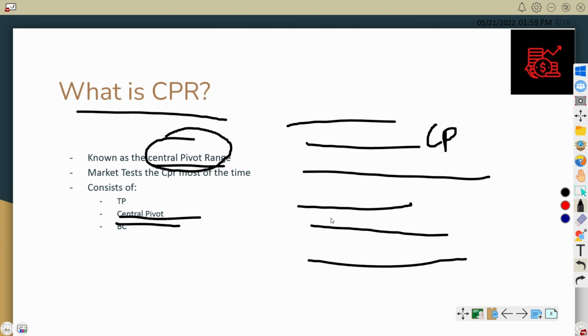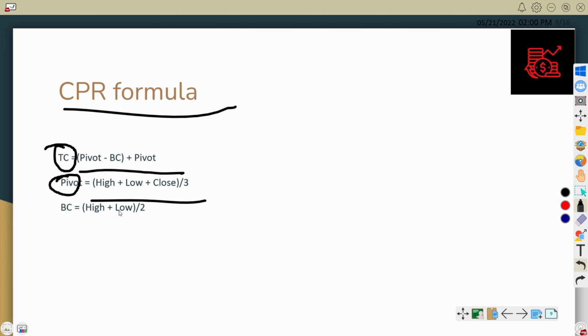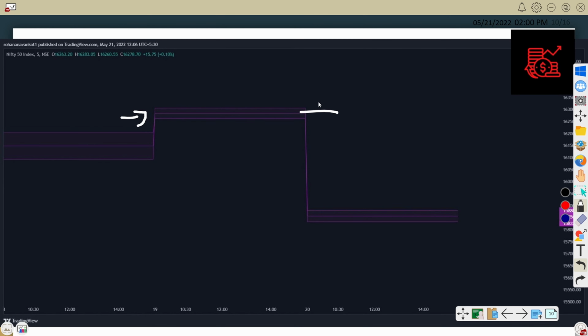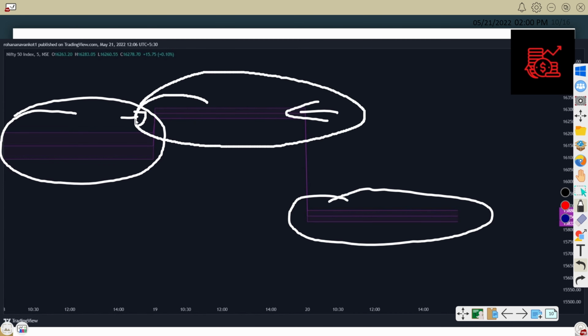Then we have 2 more lines, one on the top and one on the bottom. That is called the top pivot, and we have your bottom pivot. If you're looking at the CPR formula, this is the formula for the top pivot, this is the formula for the central pivot, and this is the formula for the bottom pivot. The market often respects the pivot, and this is the most important range in your chart.